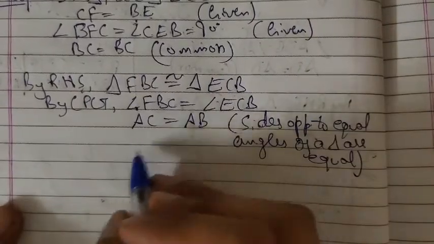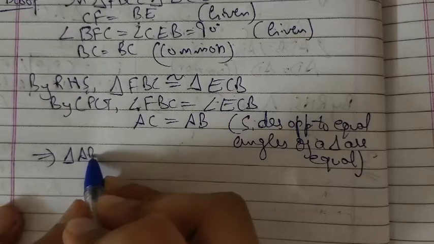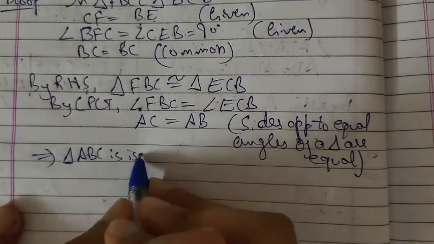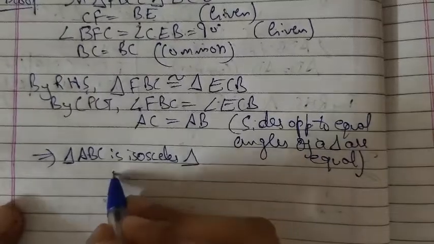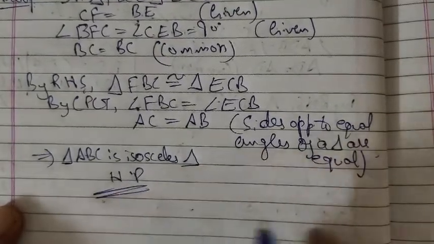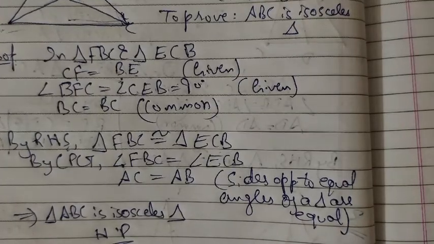So if sides are equal, this implies, if opposite sides are equal, this implies triangle ABC is isosceles triangle. Hence proved. This is what we have proved, right?